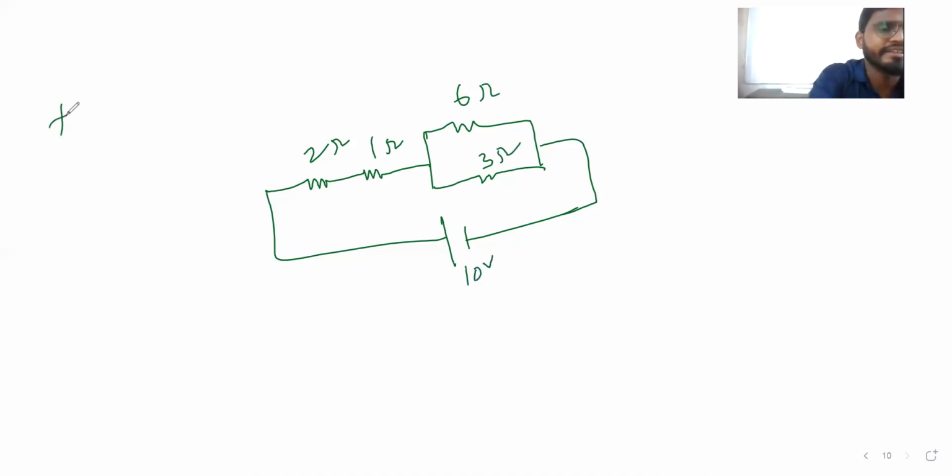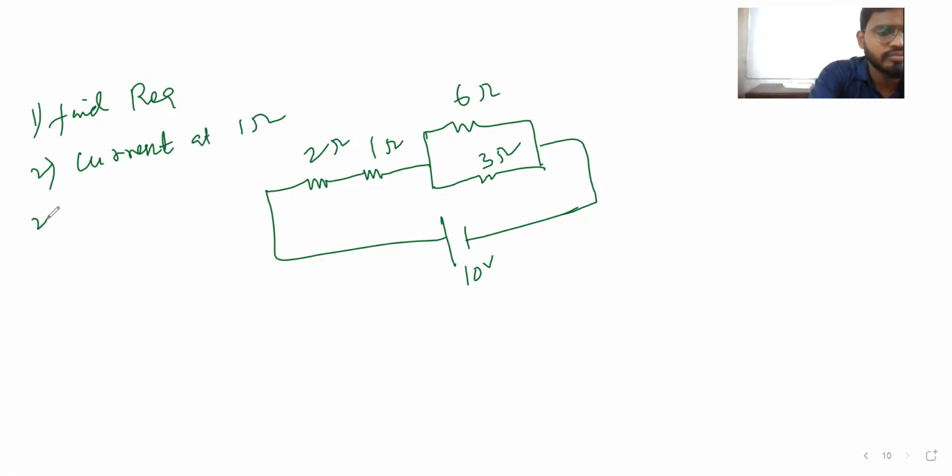They are asking: first, find R equivalent. Second, find the current through the battery. Third, find the current at 1 ohm. Then the current at 3 ohm, and the voltage at 6 ohm.